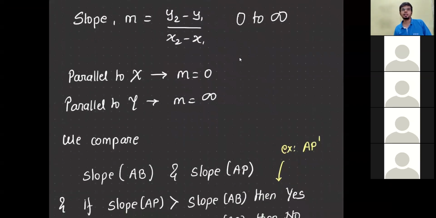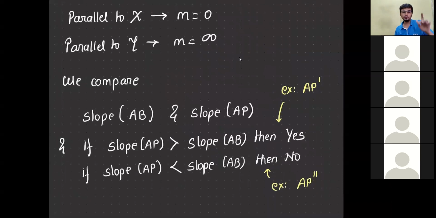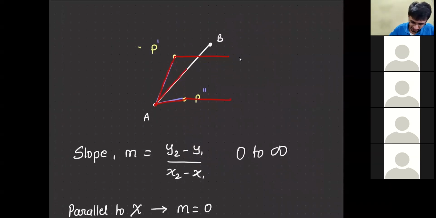So the check becomes easy. We compare the slope of AB and AP. If the slope of AP is greater than the slope of AB, then yes, for example AP dash. If the slope of AP is less than the slope of AB, then no.